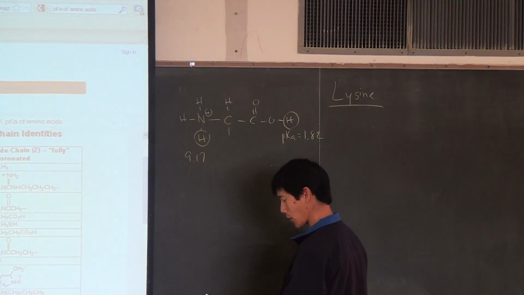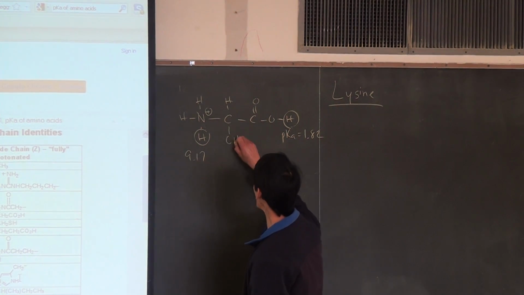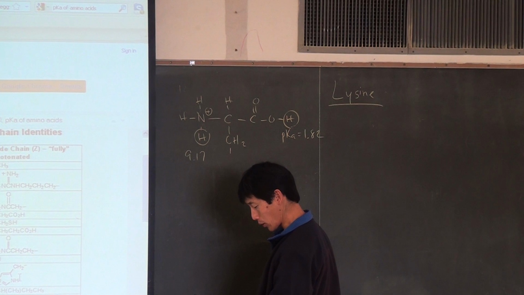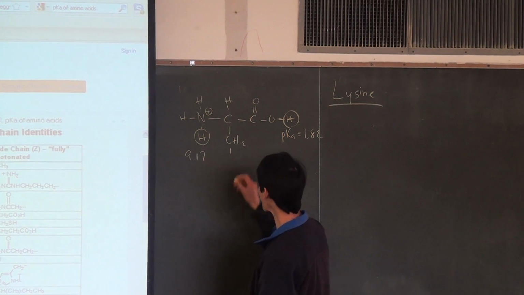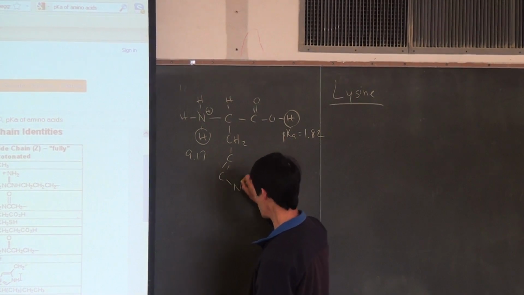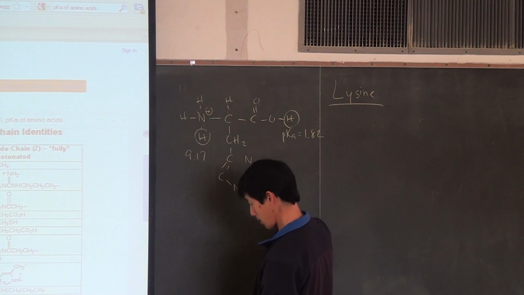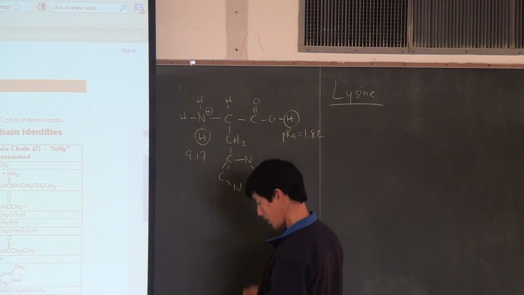For histidine, that's going to look like a CH2 group, and then it shows this ring, so carbon double bond to another carbon.